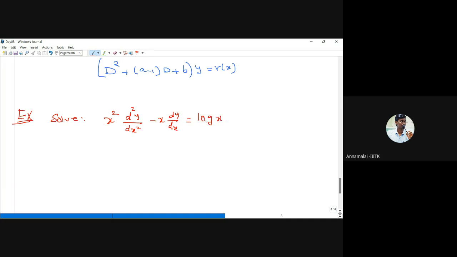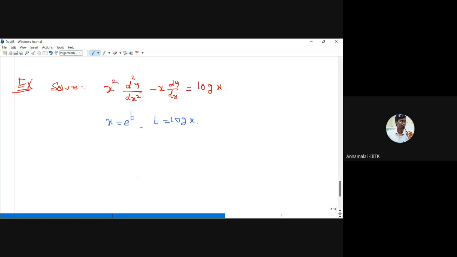So again, the right hand function is not the usual case anyway. So you have to substitute x equal to e power t. Therefore, what is t? Log x. And again, you'll get not r of x, you'll get r of t, some function of t.